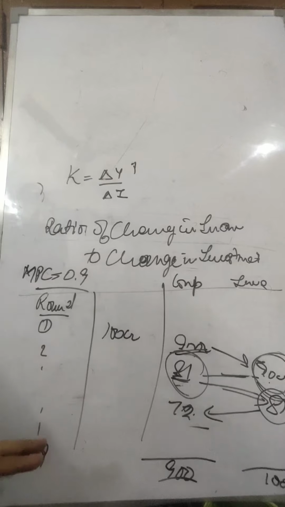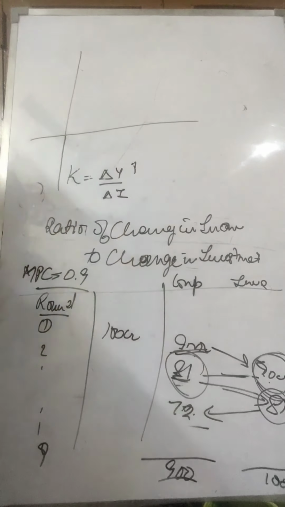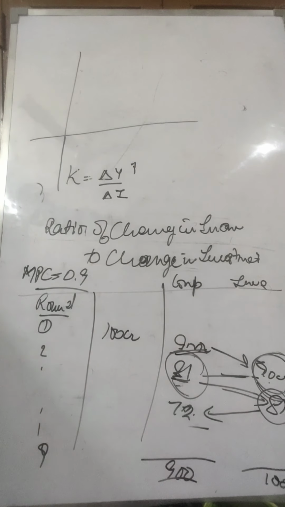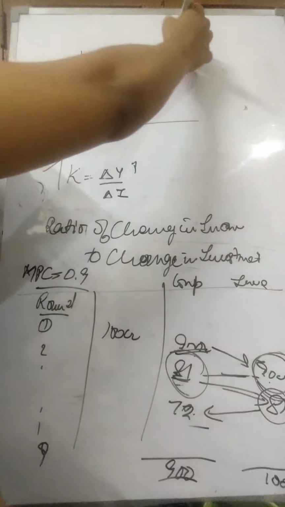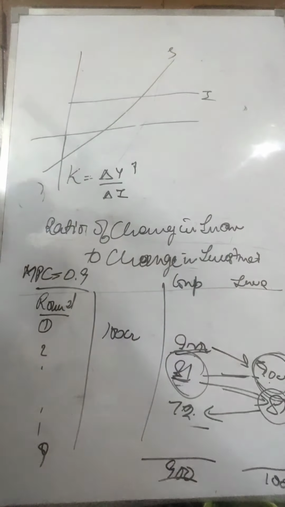So this will create my multiplier. And if I say in terms of the curve, the demand supply curve that I was preparing earlier, this is my savings, and this is my earlier investment.